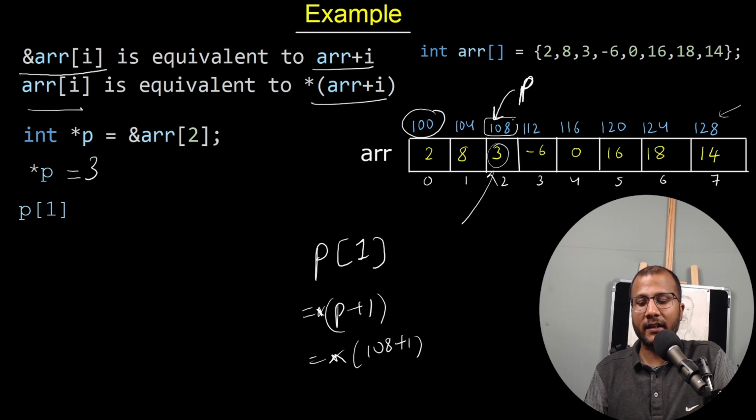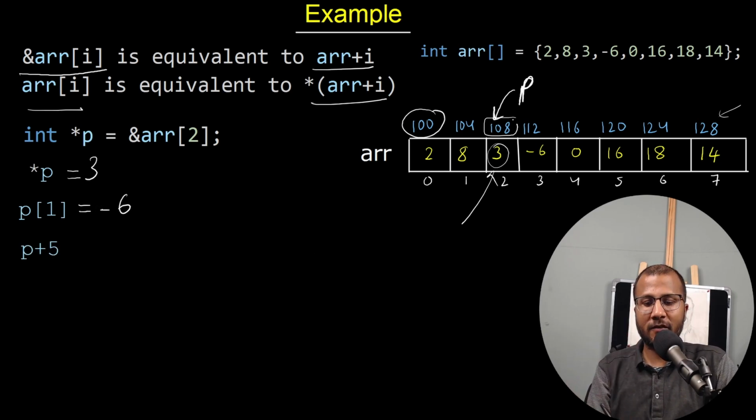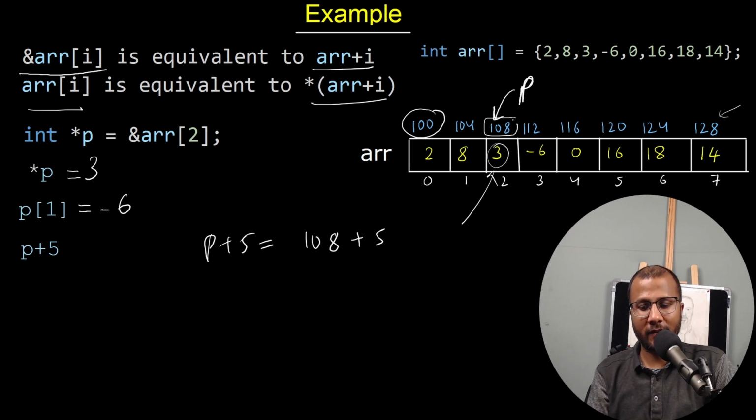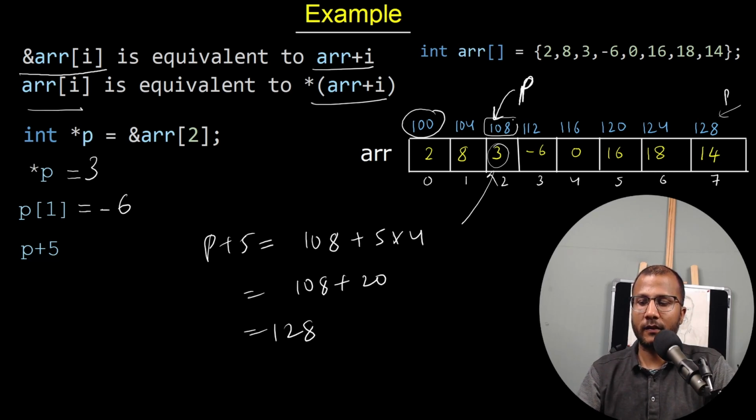What is inside 112? Inside 112 there is minus 6. So I'll get p[1] as minus 6. Now what is p plus 5? p is 108. 108 plus 5 is not 113. I have to write 5 times size of int. So 108 plus 20, that is 128. This is p plus 5.